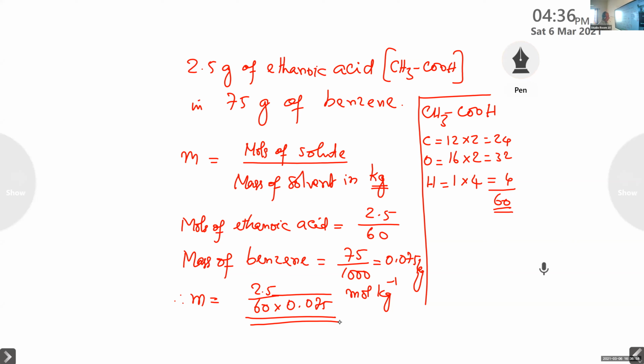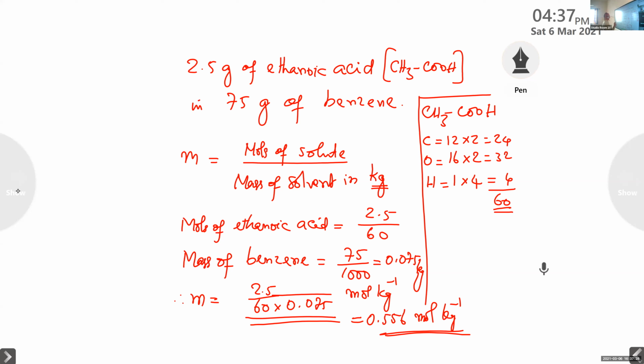If it is possible, you can simplify it. The value is 0.556, as given in your book, so much mole per kilogram. You must check the value when you get the time.